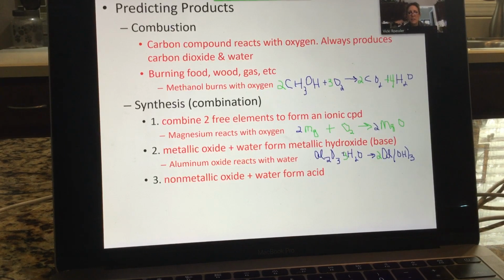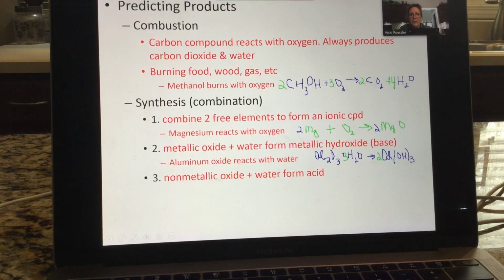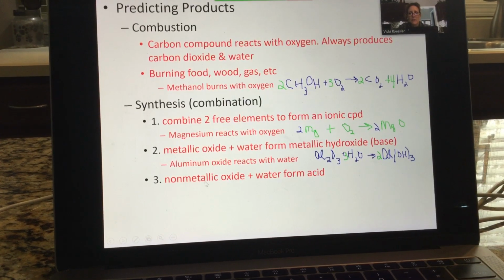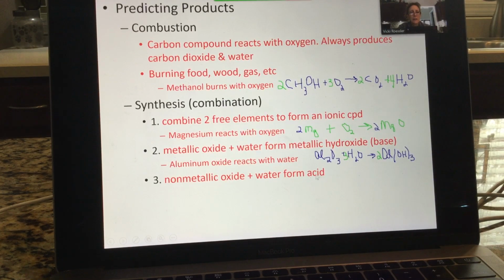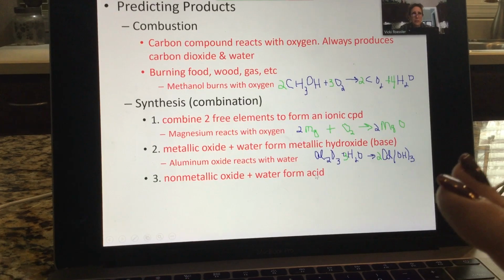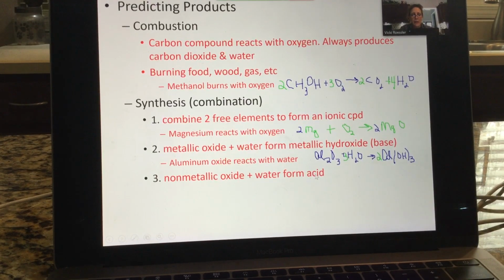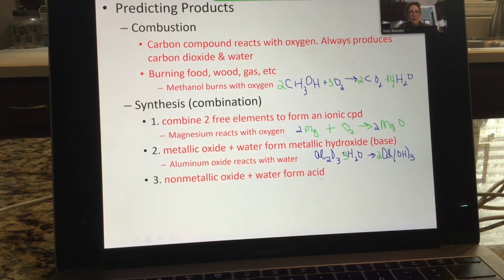And because it's a non-metallic oxide, we're going to see the prefixes in the name because we're not crisscrossing charges, we're just combining random amounts of nonmetals and oxygen together. So you'll see prefixes, and then they're going to combine together and form an acid, which again, as we learned way back in November, acids start with hydrogen.